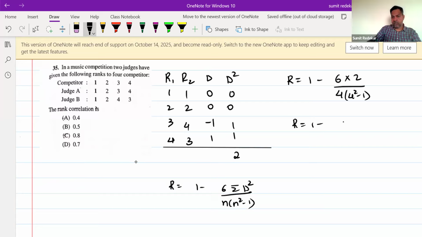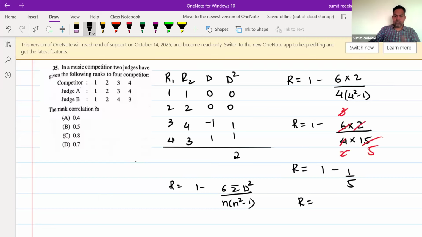So 4 square is 16, minus 1 is 15. Cancelling whatever does, 2 1s are 2, 2 3s are 6, 3 1s are 3, 5s are 15. So the rank correlation is 1 minus 1 upon 5. तो direct लिख दो तो 5 minus 1 is 4, 4 by 5 which is 0.8.